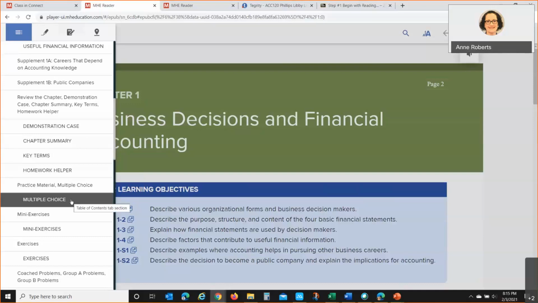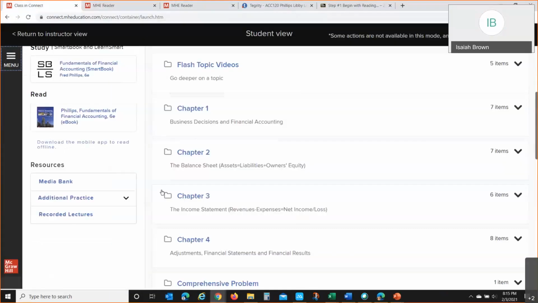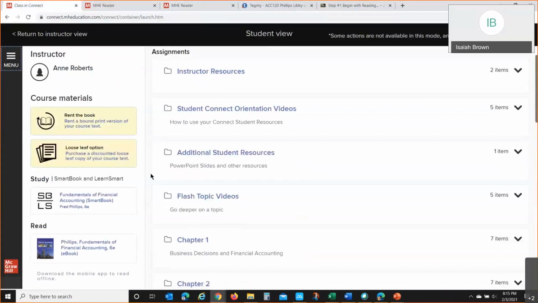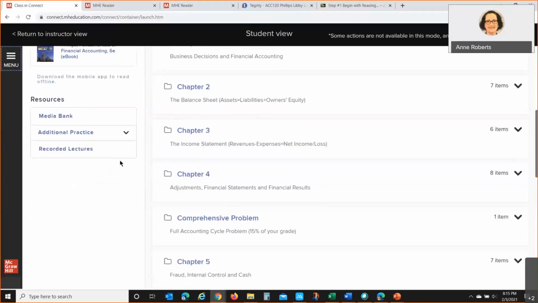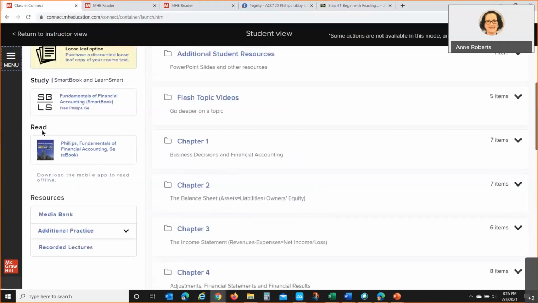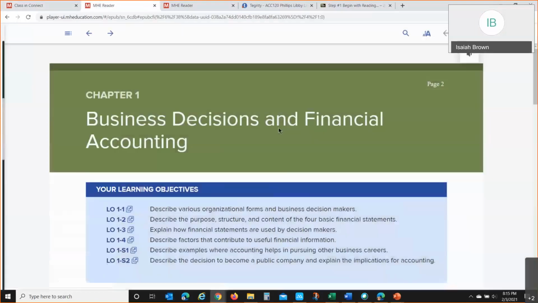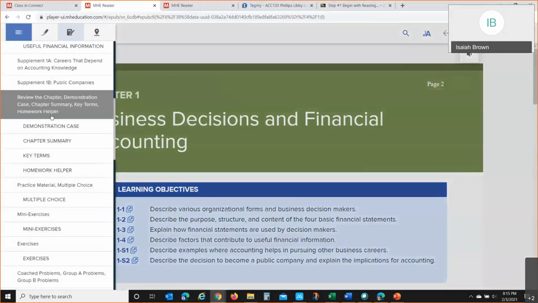Okay, so wait, how do you get to that again? When you're in McGraw-Hill, at the front page, over here on the left-hand side of the screen where it says read, you should see the book and it should say ebook. When you click on that ebook, this pops up, and right here is the table of contents.